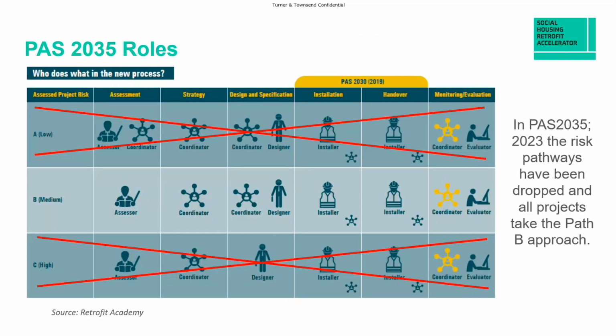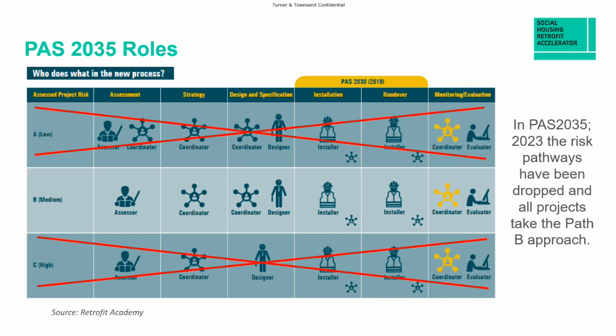Okay, the next slide. So in this slide here, some of you may have seen this before. In the old PAS, or the current PAS that runs out in March next year, the 2019 version, we had 3 risk pathways.